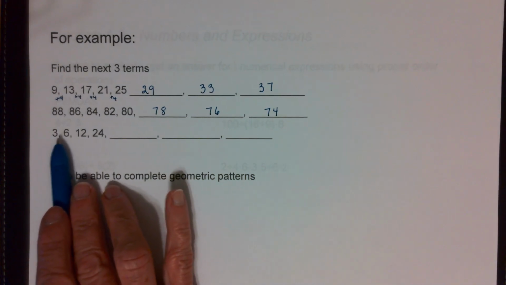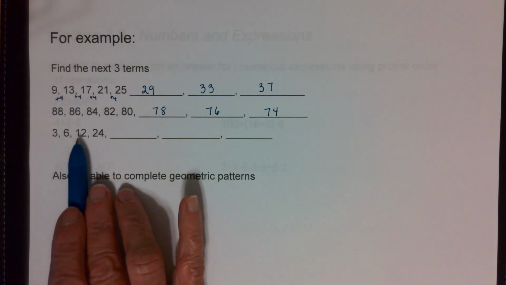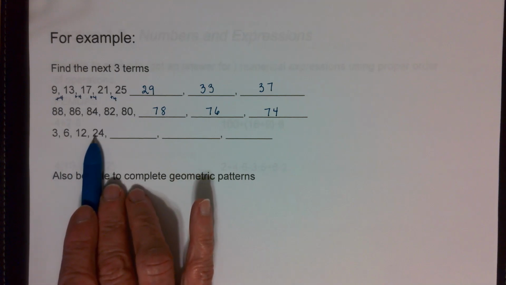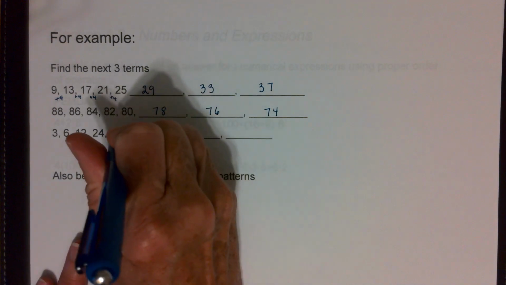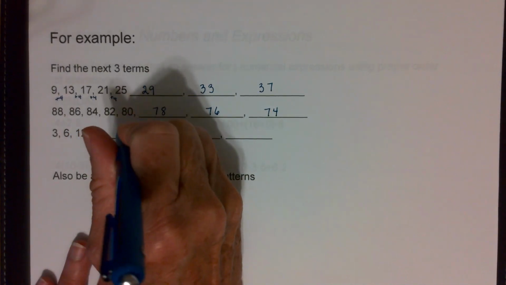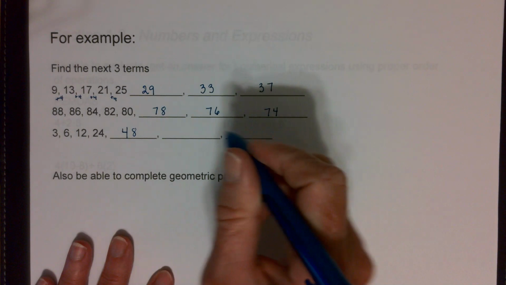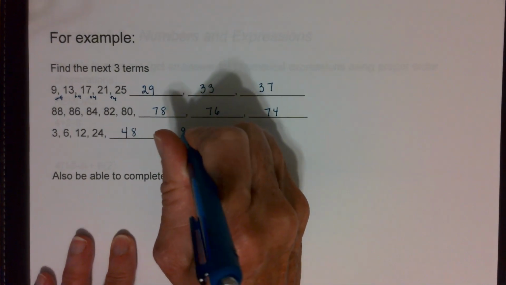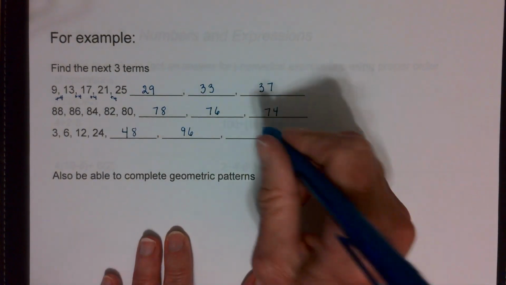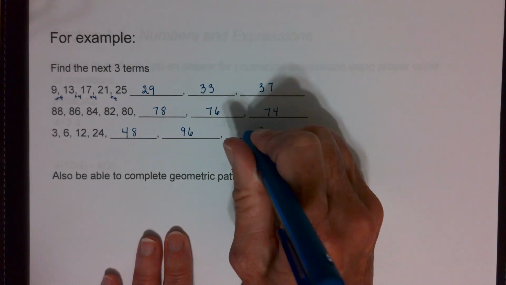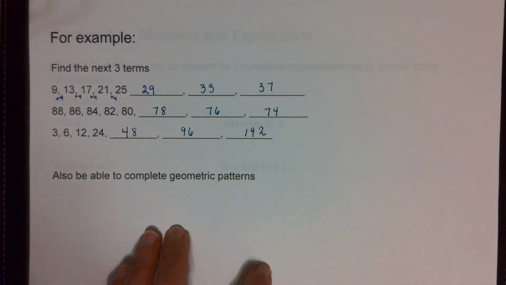So when I double 3, I get 6. When I double 6, I get 12. When I double 12, I get 24. 24 doubled is going to give me a 48. 48 doubled is going to give me a 96. 96 doubled is going to give me a 192.